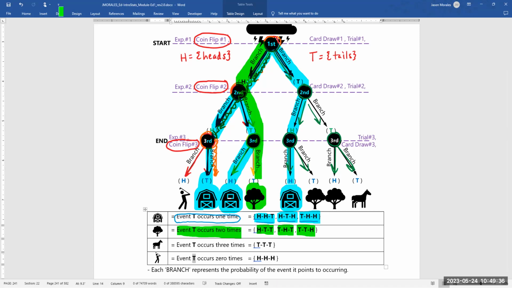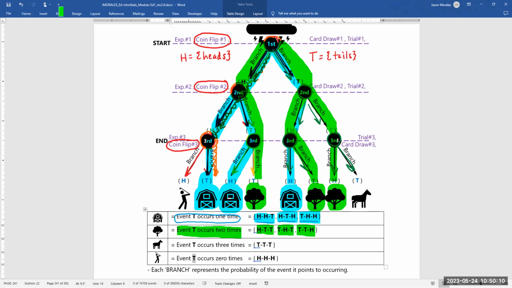Could have had tails, heads, tails. Or we could have had tails, tails, heads. So again, I've put the pathing of 2 tails occurring in 3 coin flips with this little icon of a tree.